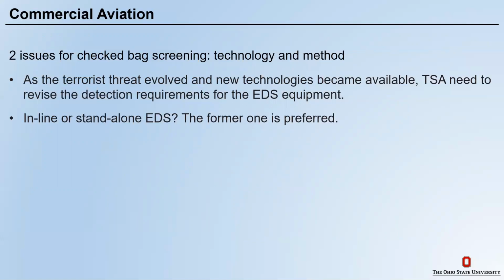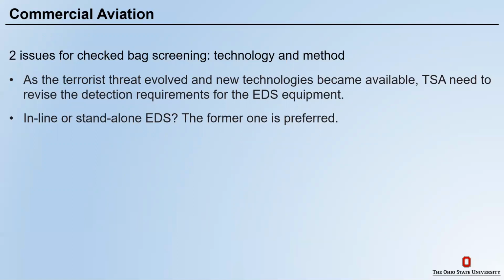The second is about method. Should we use inline or standalone EDS? Usually the former one is preferred, which means you embed an EDS into a conveyor system, so the whole system is automatic when the baggage is going through, and EDS will detect them.